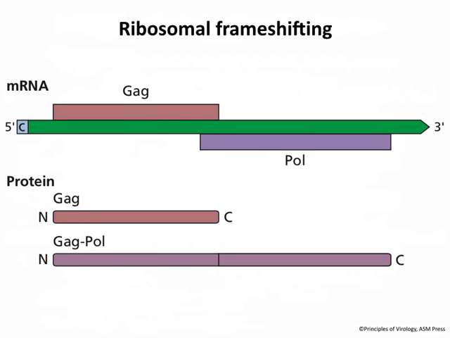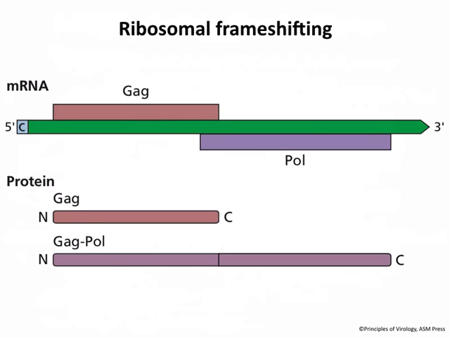But of course, you need polymerase. And what happens in this case is that a certain percent of the time, the ribosomes back up one base and start translating again. And now they're in a frame that is not terminated at that point. That's why we call it frame shifting. The ribosome shifts its frame.